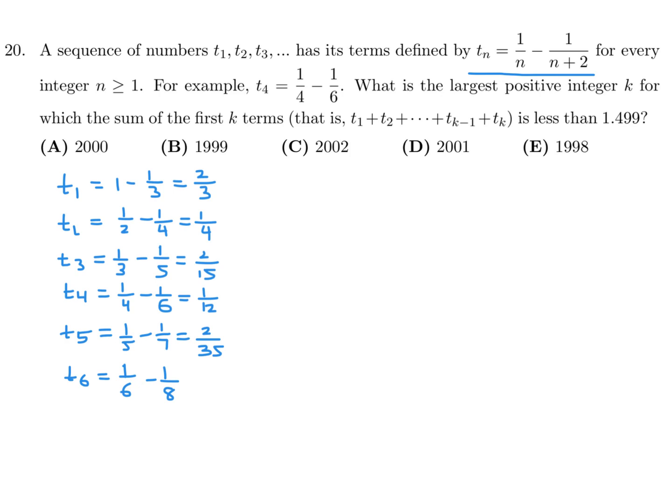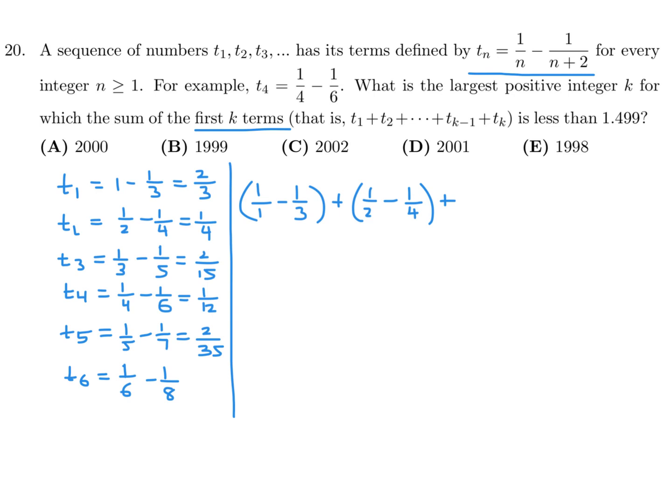Okay, well, let's go to the sum of the first k terms and see if that helps. It'll be 1 over 1 minus 1 over 3, which is T1, plus T2, which is 1 over 2 minus 1 over 4. I'm keeping this in this form because I think certain things will cancel, and that's the hope here. T3 is 1 over 3 minus 1 over 5.